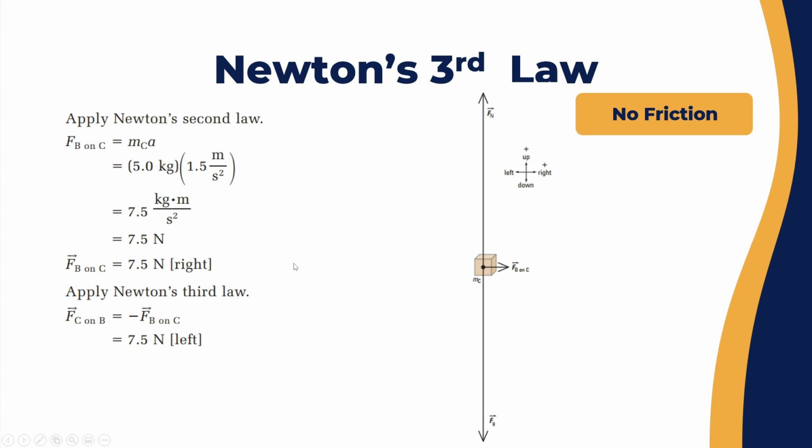Now if we apply Newton's third law, F C on B equals minus the F B on C. So that would be 7.5 newtons, not to the right, but to the left, in the other direction. As simple as that. So you use Newton's second law to find F B on C, but you use the third law to find F C on B, which is only a change in the sign in this case, or in the direction of motion.